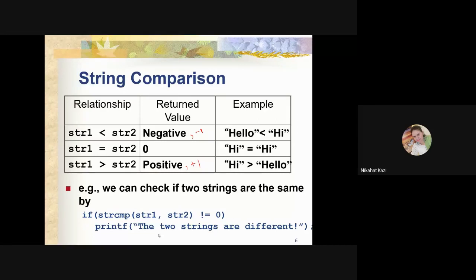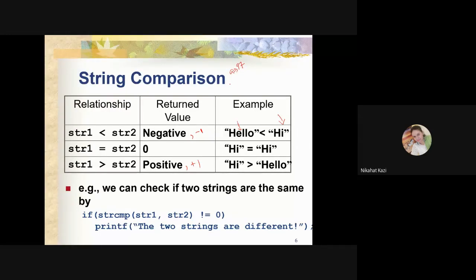Some compilers find out the difference in the ASCII values of the characters and return it as a negative number. Like for example, in this case, E and I. What is the ASCII value of E? The ASCII value of small a is 97, right?